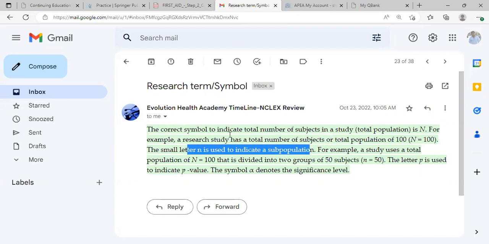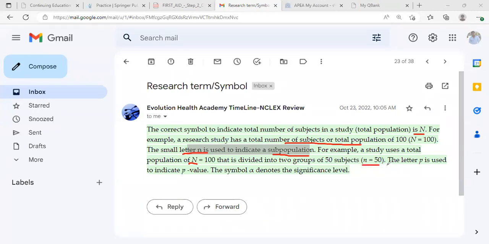So here we learn 2 points, my friend: one is capital N, another is small n. Capital N represents the total number of the population, but small n represents subpopulation. For example, a study used a total population capital N of 100 that is divided into 2 groups of 50 subjects. So small n is 50.